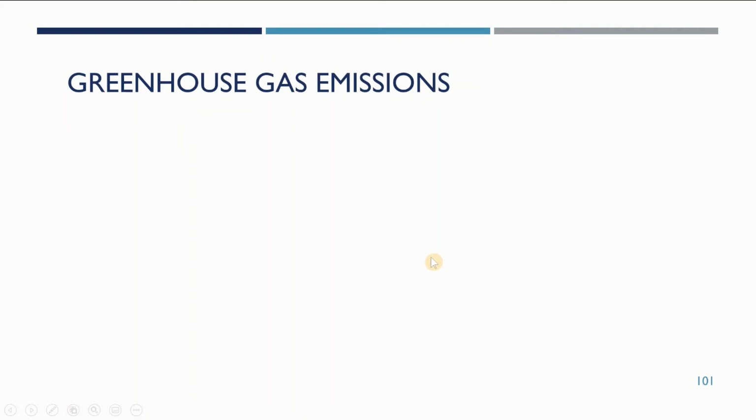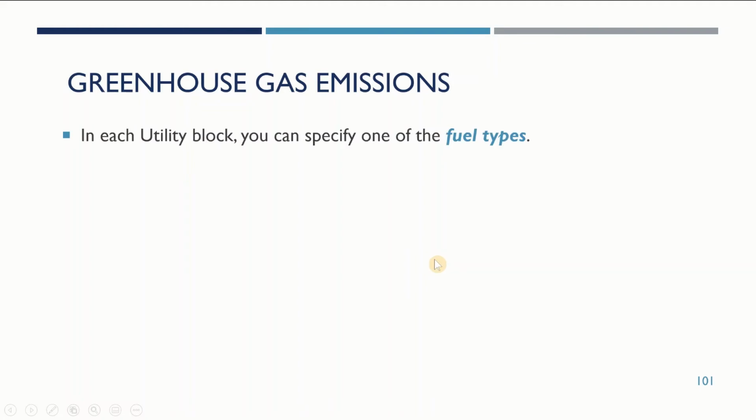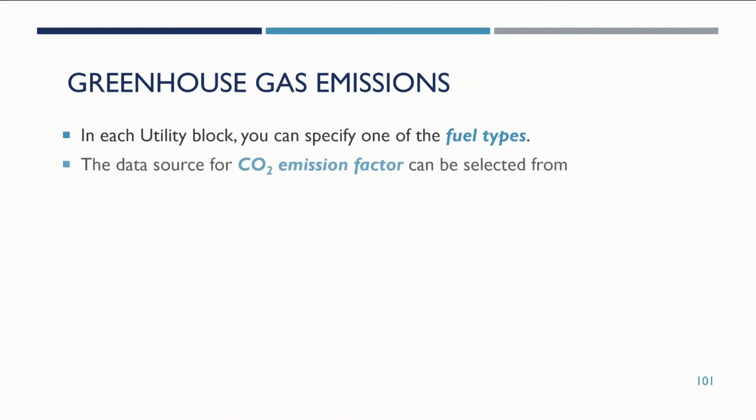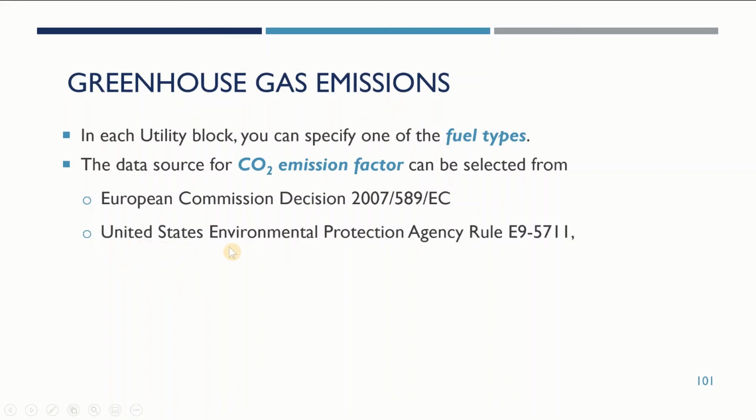Once you have set up the standard to report the greenhouse gas emissions in terms of CO2 equivalent, you can also specify the fuel types in each utility block. The CO2 emission factor for fuels can be selected from the following data sources: European Commission Decision 2007/589/EC, the United States Environmental Protection Agency Rule E9-5711.